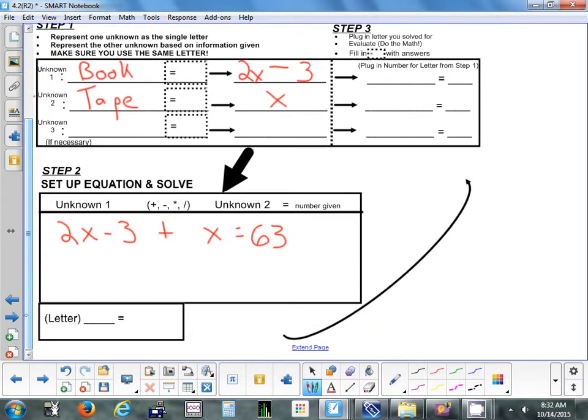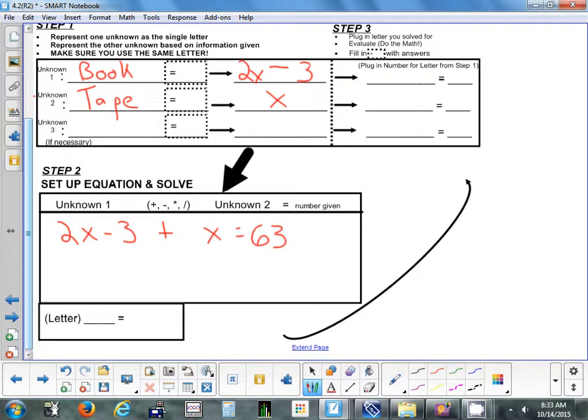Now I'm just going to solve the equation. I'm going to go through and solve everything. What can I do first? Plus 3 to 63? Not yet. Minus x to 2x? Not minus x.